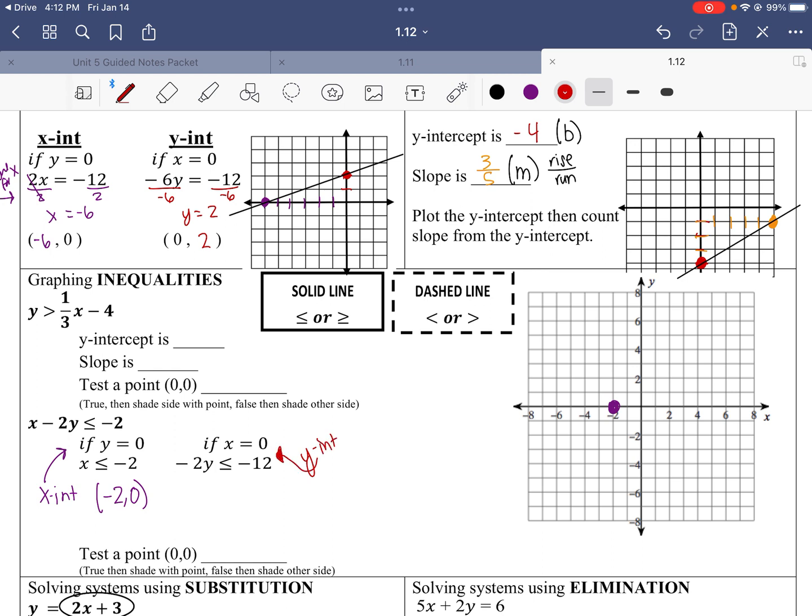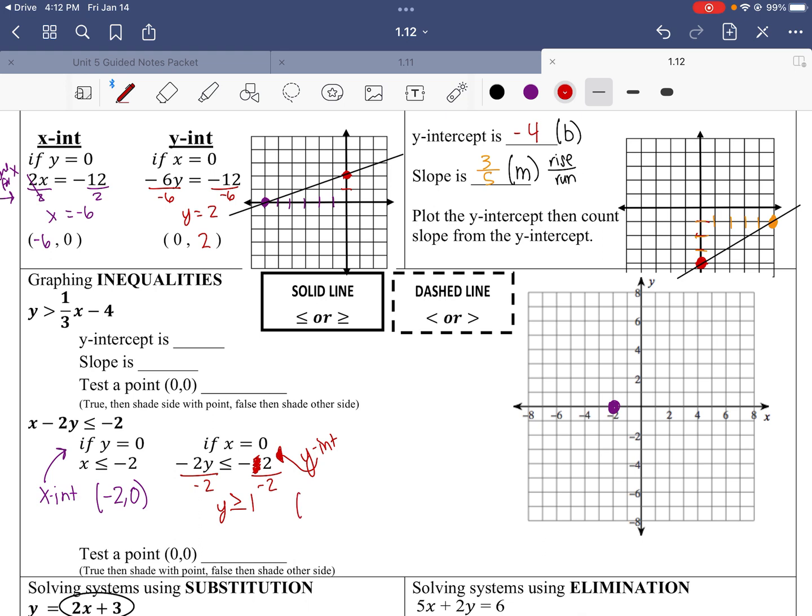And then for our y-intercept, that's right here. So if x were 0, then you'd be left with -2y less than or equal to 2. I'm sorry, that is a typo. On the first one, x is pretty much already solved for as soon as you put y in. This one's not, so we're going to need to go ahead and divide by -2. Now remember, in an inequality, when you divide by a negative, you do need to flip your sign around.